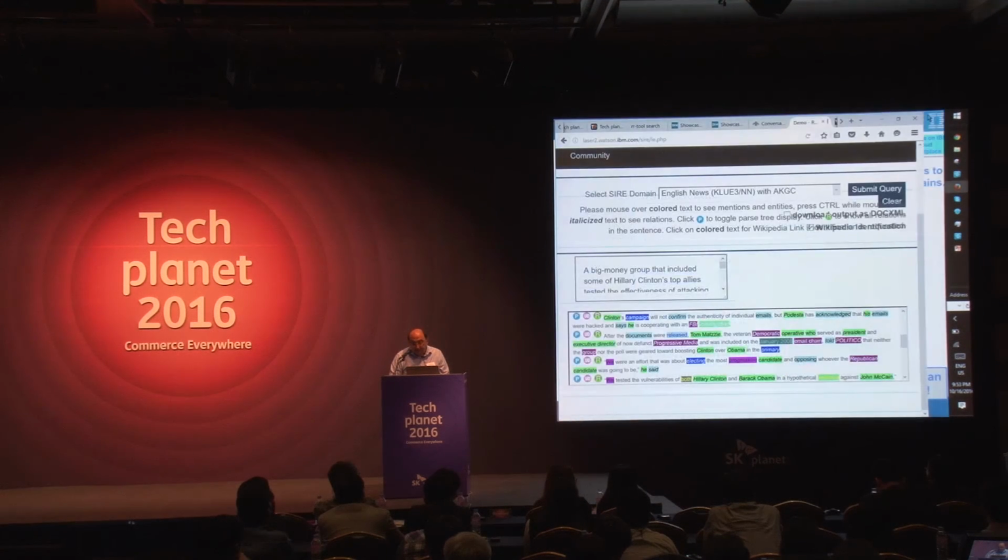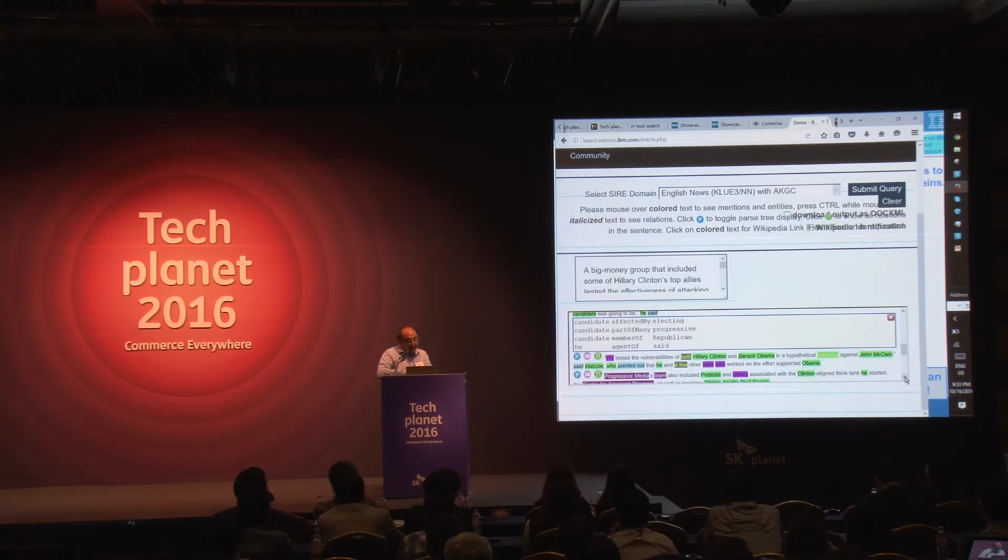Now, interestingly, if we look at the relationships extracted, so we know he was a member of the Republican party, and he said something, so we can find out various facts about the entities via the relations.